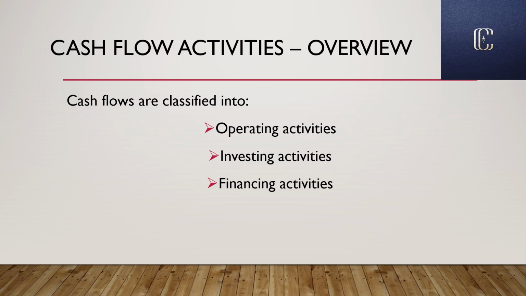Cash flows are classified into three activities, namely operating activities, investing activities, and financing activities. This classification helps us to understand how and why cash is moving in a business.